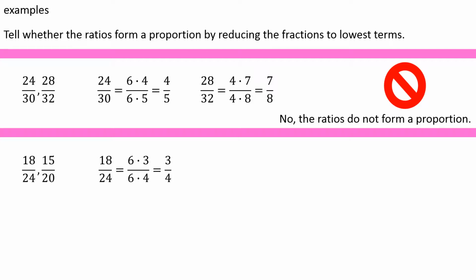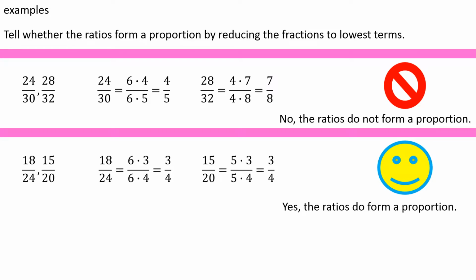So that will reduce to 3/4. 15 over 20, greatest common factor is going to be 5. 5 times 3 for my numerator, 5 times 4 for my denominator. Both ratios reduce to 3/4. So yes, they form a proportion.